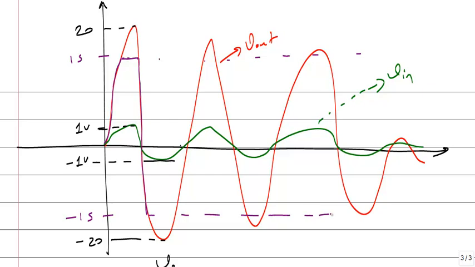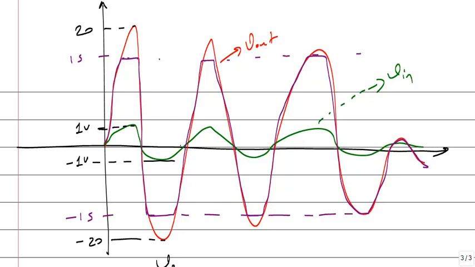So it will never exceed plus 15 and minus 15. The output is like the expected shape if the expected value is lower than 15. It cannot exceed 15 volts. That's called the saturation. It means I cannot go more.